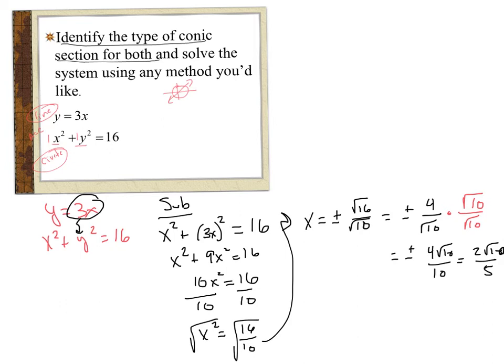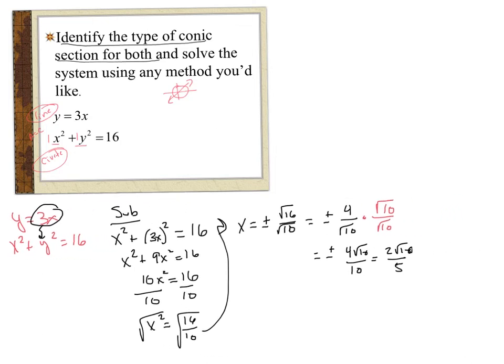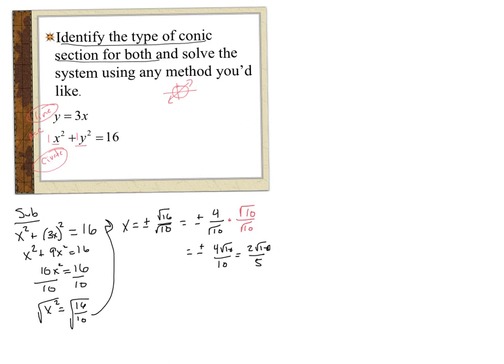Okay? Okay, so now how do I find my y values? Well, I know that x was equal to plus or minus 2 root 10 over 5.